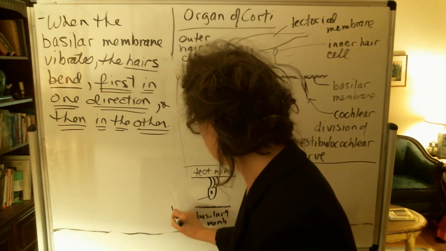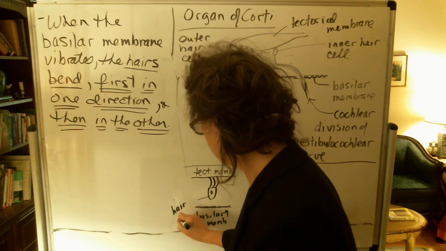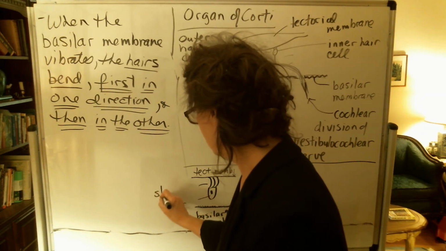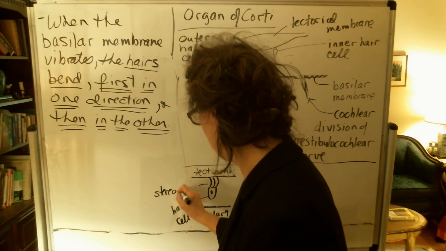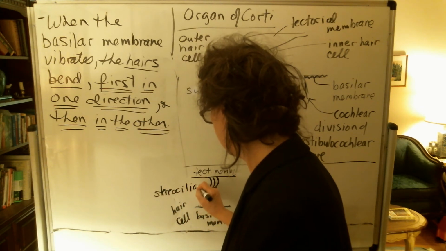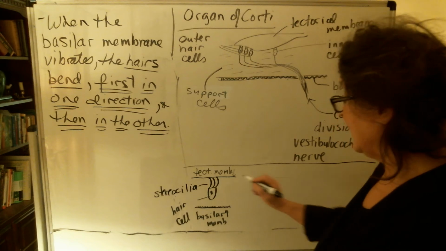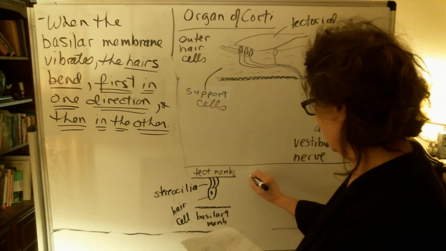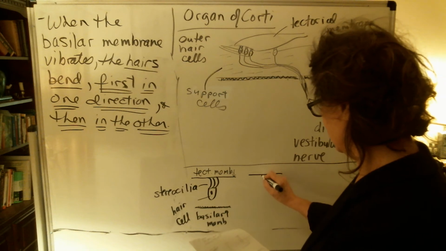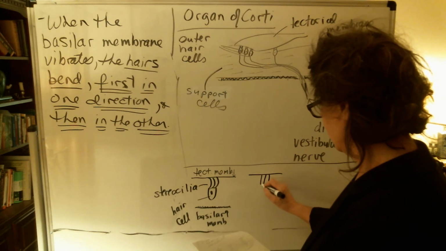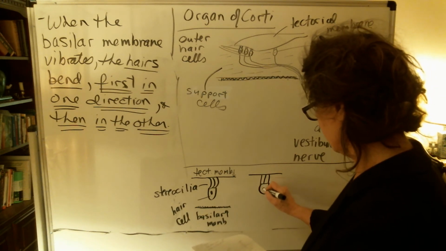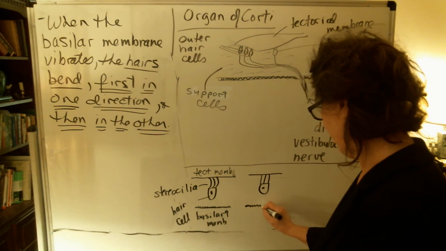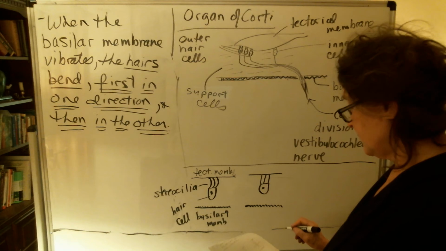This is the hair cell. These are the actual hairs, the stereocilia. They're bending in one direction, as you can see. Then at some point we're going to have the same situation but it's straight.